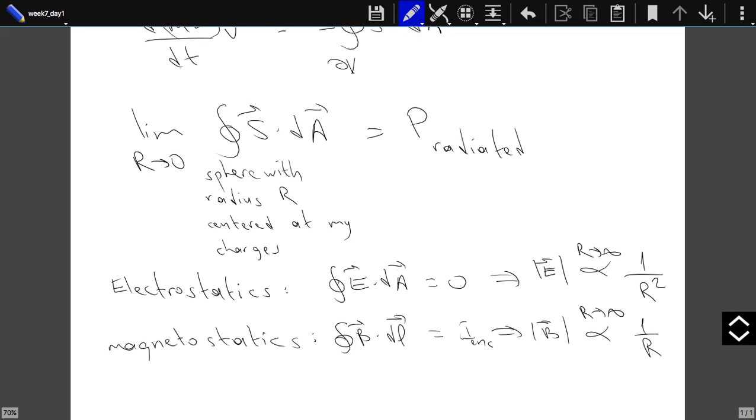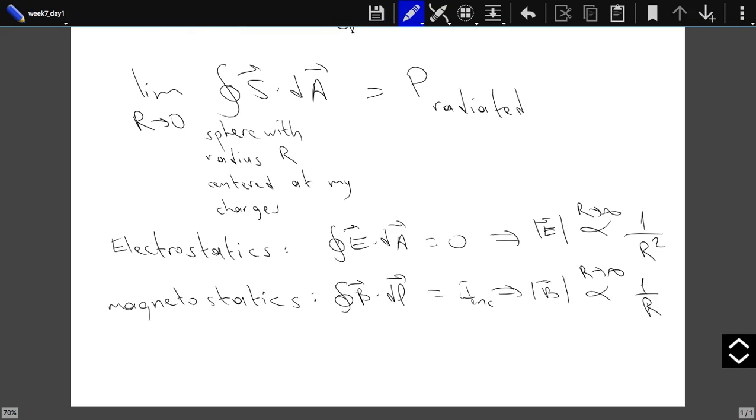But if you take such typical behavior of the electric field and the magnetic field, you will see that the Poynting vector, which is 1 over mu 0 times E cross B, goes as 1 over r cubed at distances very far away from my source. Again, this is kind of the best we can expect from fields similar to the electrostatic or magnetostatic fields.